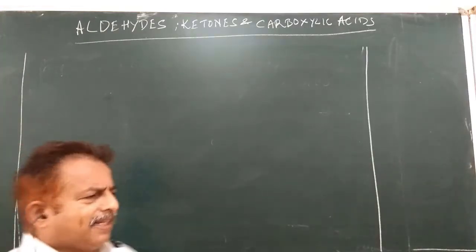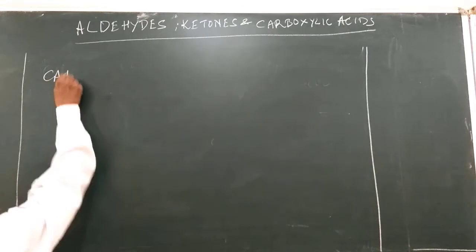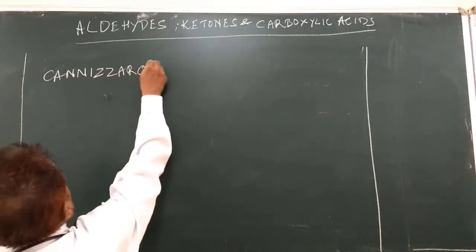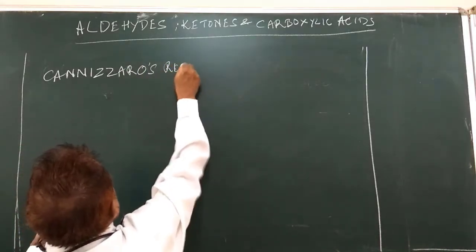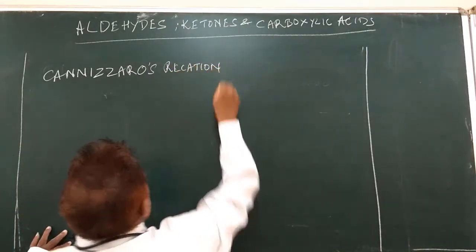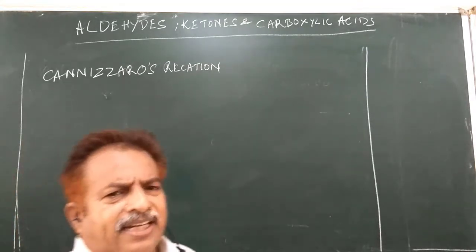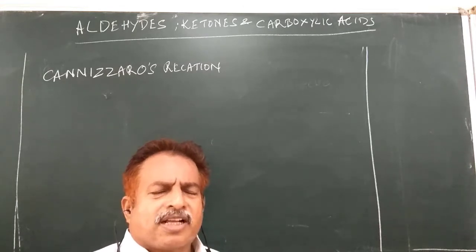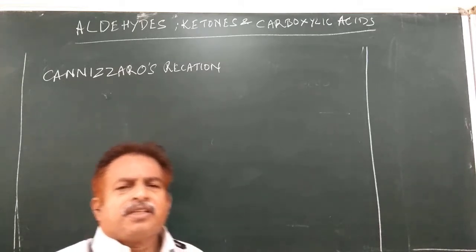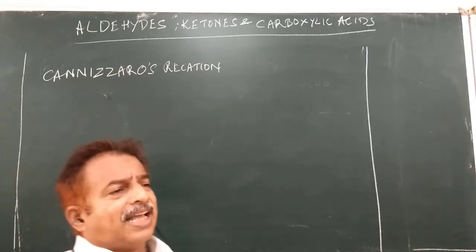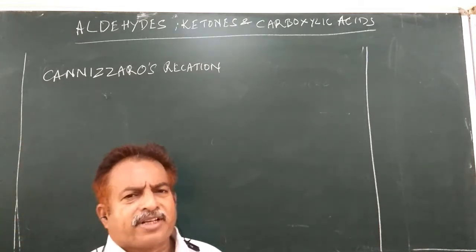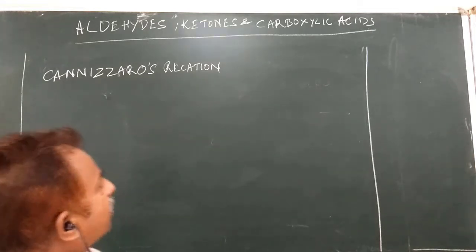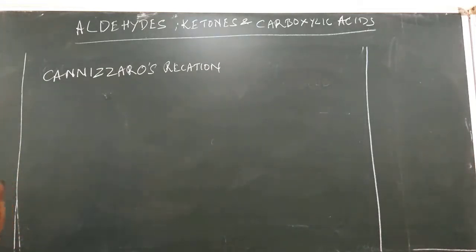Now let us see the Cannizzaro reaction. When an aldehyde having no alpha carbon undergoes self-condensation in the presence of a concentrated alkali, we get a substance, and such a reaction we call the Cannizzaro reaction.